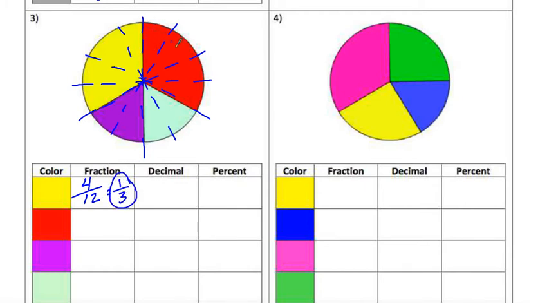The red is the same size as the yellow, which is 4/12, but really we simplified that down to 1/3. The purple is 2/12, and if we simplify that, we get 1/6. And then the green is also 2/12, so that's also going to be 1/6.